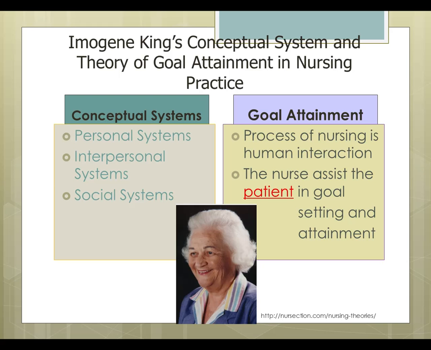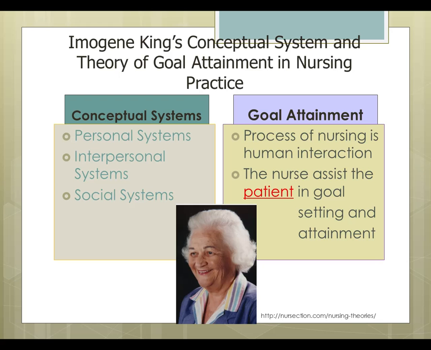Goal attainment is the process of nursing that she believes is human interaction, and that the goal attainment is not something necessarily that the nurse consistently sets. It is done through the nurse and patient working together to set and then to attain the goals.